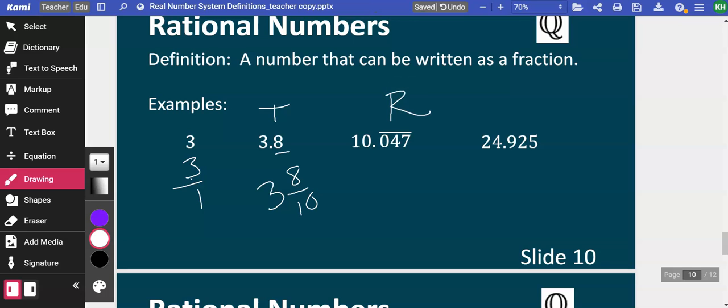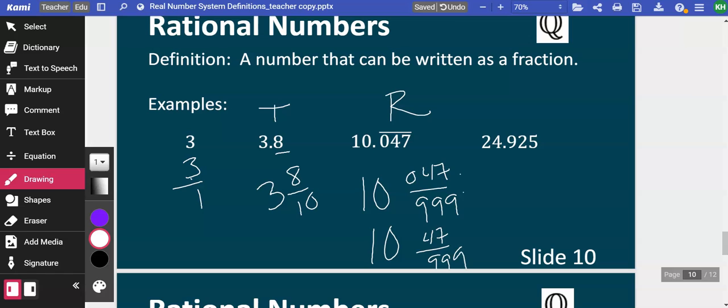This is a repeating decimal, so I'm going to write a 10 out in front. And then this one's a little bit strange. The repeating pattern is 047s. There's 3 numbers in the pattern, so you have to put it over 3 nines. But really, it's weird to write 047. Instead, we're going to just change that to 47 over 999. But it has to be over 999 because technically there's really 3 numbers in that pattern.